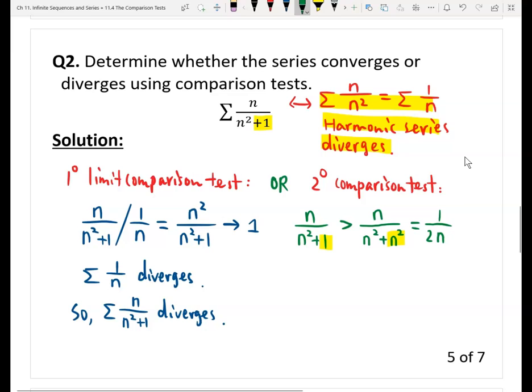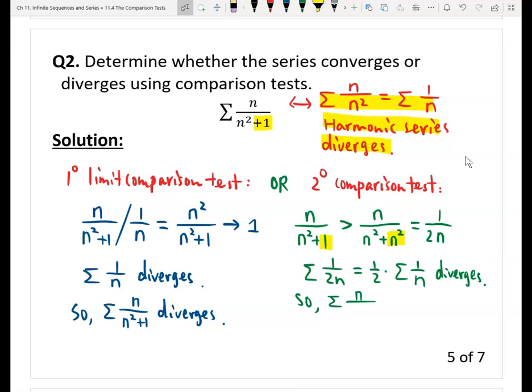Okay, so I can write, because this 1 over 2, if you like, you can factor out 1 over 2. See, with this, right? So this is divergence, of course. The divergence. So our series, n over n squared plus 1, diverges too.